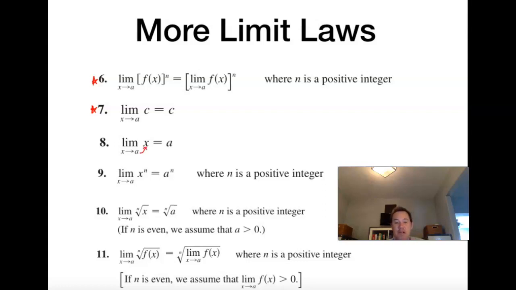So this is our first peek at what's going to be a very important limit property that we come around to, which is for many functions, you can just evaluate the limit using what's called direct substitution. So you see that again with number 9, which is kind of a combination of limit law number 8 and limit law number 6.